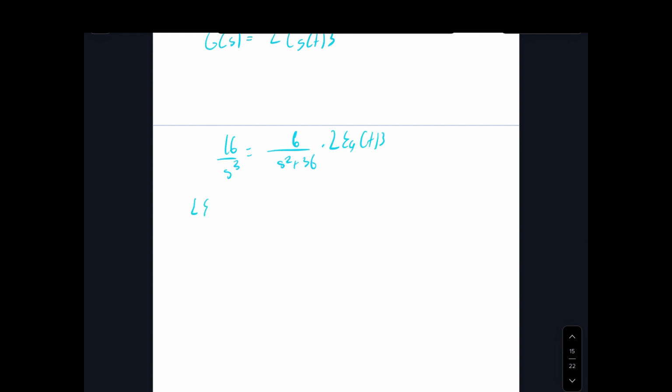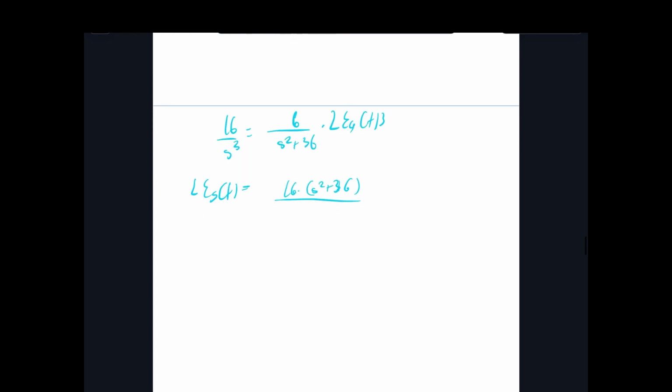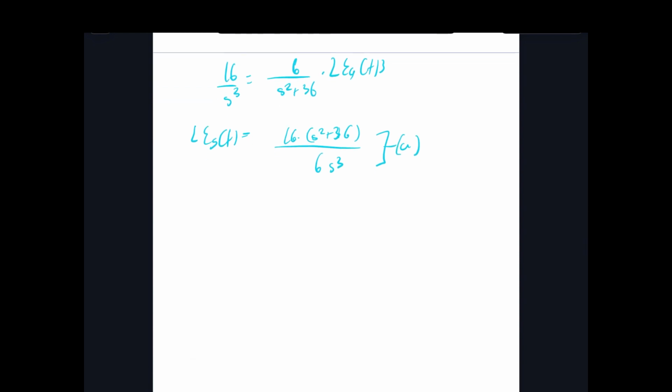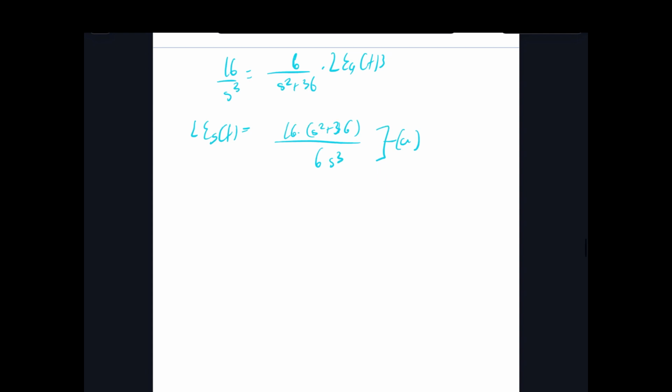Multiplying up, I get L of g of t equals 16 times s squared plus 36, over, multiplying up and then down, over 6s cubed. Cool. So this is my answer to part A of the question. And just now, evaluating this is my answer for part B.